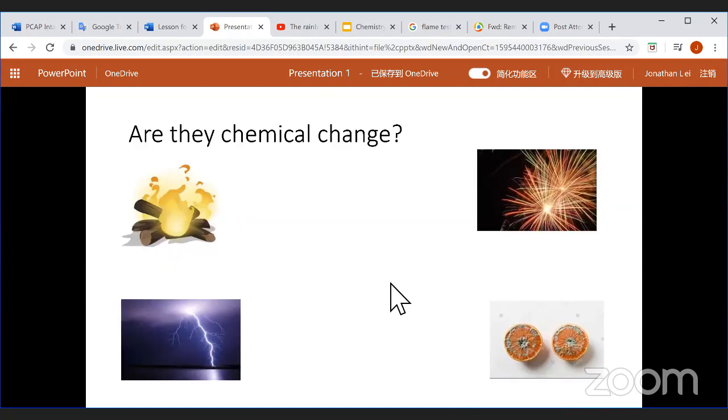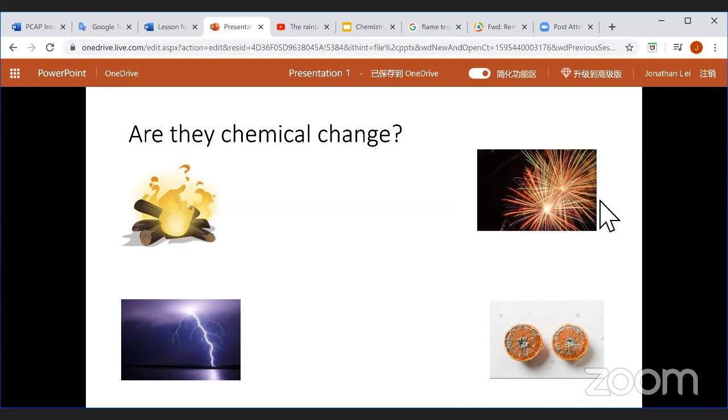The flame test is very colorful. Okay, so there are some more examples. We already talked about general burning, which is chemical change, right? So how about firework? Is firework chemical change? Yes, because it produces oxygen. I mean, not oxygen, carbon dioxide. Like you could see the smoke when you fire it.